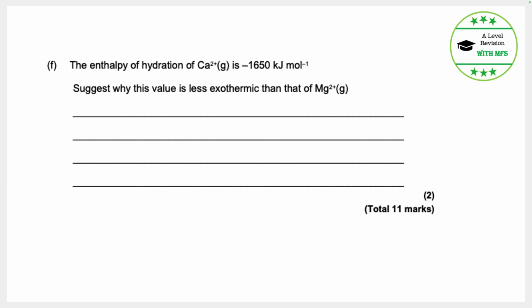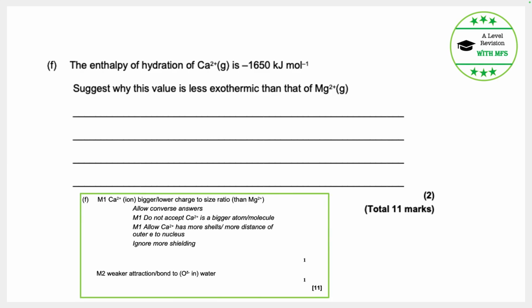That means they have the same number of electrons in the outer shell. However, magnesium is higher up in group 2 than calcium, and that's why calcium will have a lower exothermic value than magnesium. Magnesium will have a higher exothermic value.